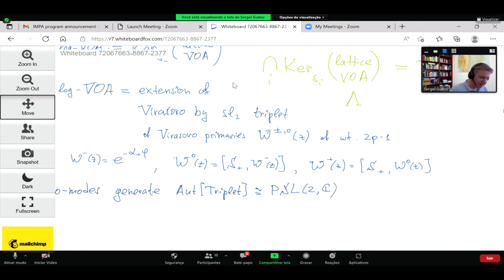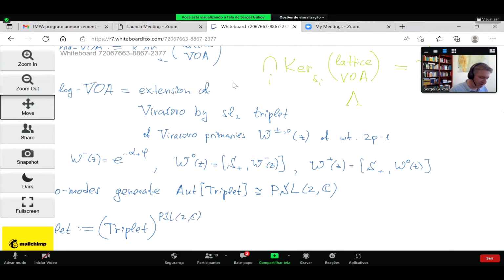So the reason this model is also interesting is that this algebra has non-trivial automorphism. When we talk about the singlet, this allows me to quickly define what a singlet is. It's basically the invariant sector of this triplet with respect to this PSL2C.